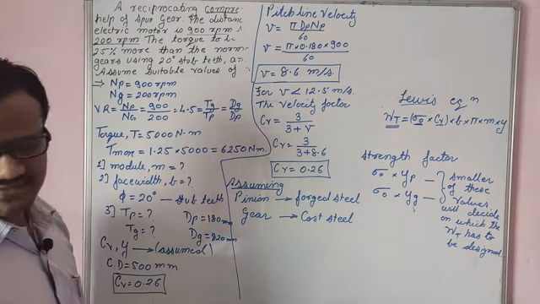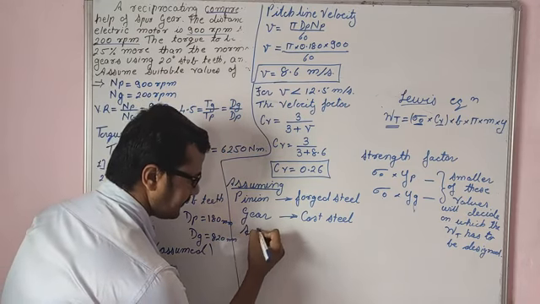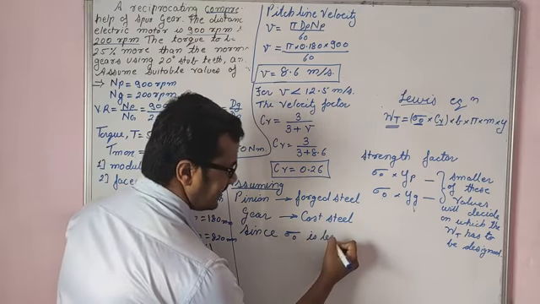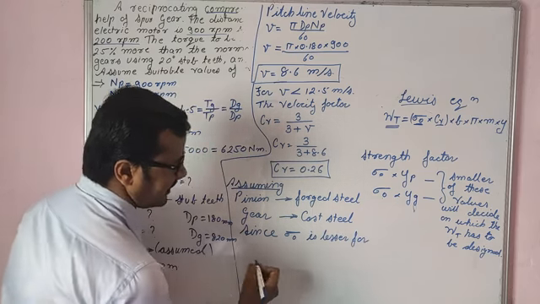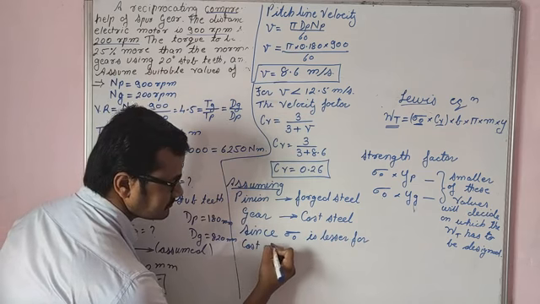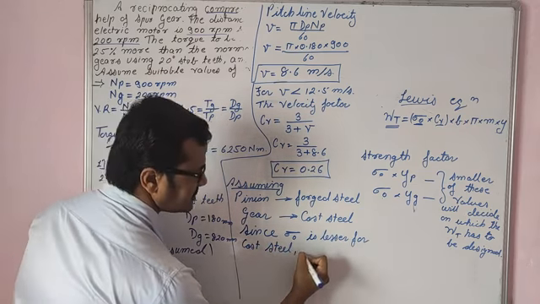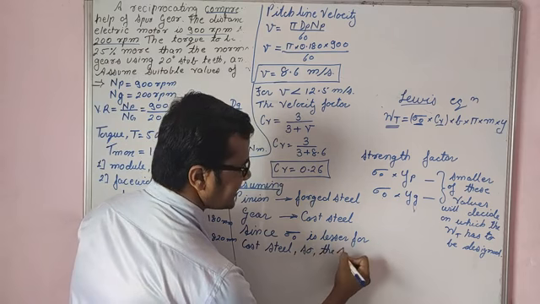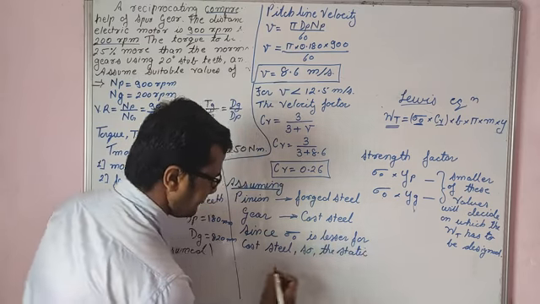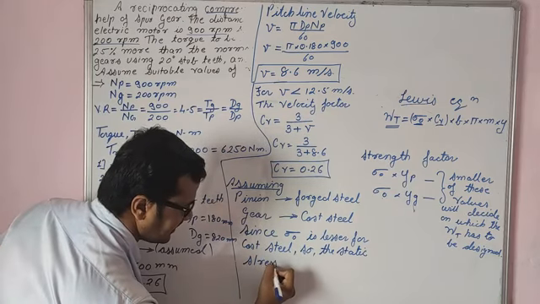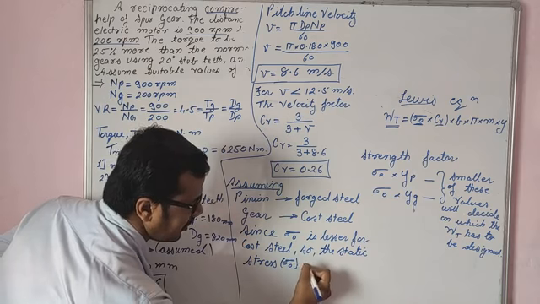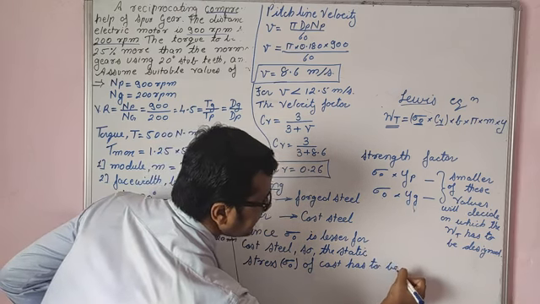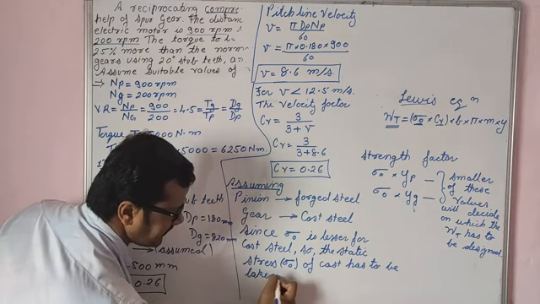And since sigma 0, that is static stress, is lesser for cast steel, the static stress, that is sigma 0 of cast steel, has to be taken, right?